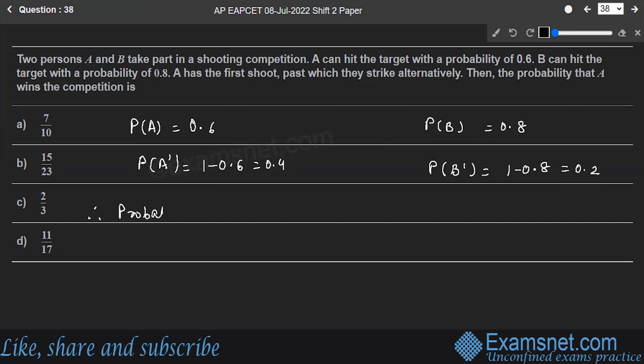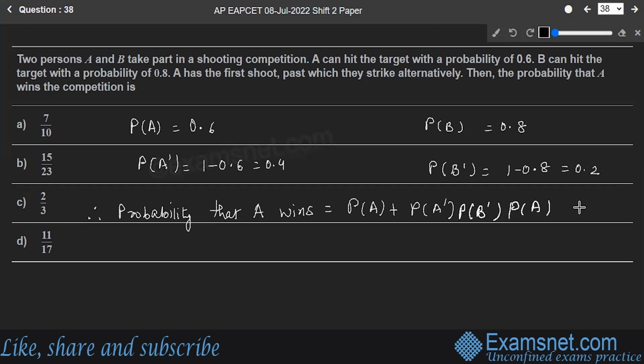Therefore, the probability that A wins is P(A) plus P(A') into P(B') into P(A), plus P(A') into P(B') into P(A') into P(B') into P(A), and so on. This is confusing a bit.